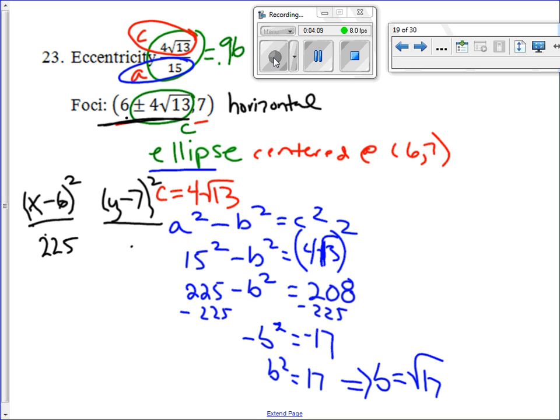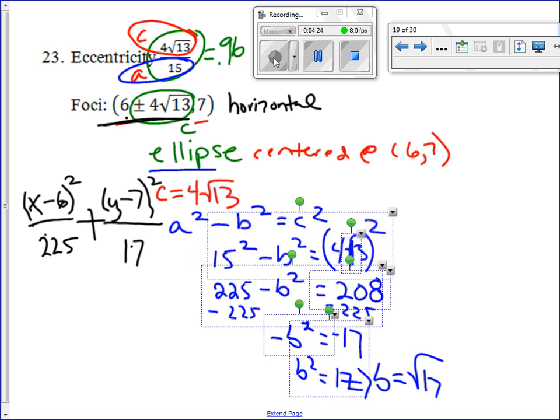And then similarly, B squared will go below Y. So instead of radical 17, you'll square that to be 17. Because it's an ellipse, these two values are being added, and all equations equal 1.